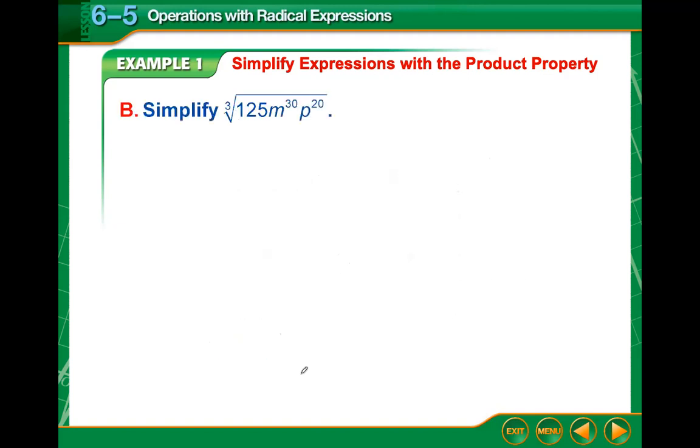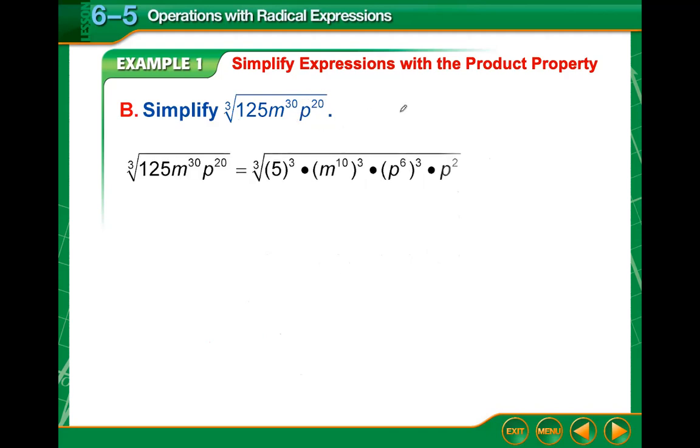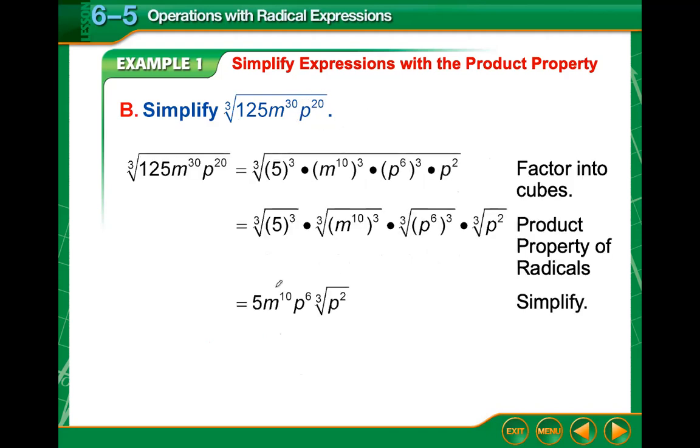We're going to take the cubic root of 125, m to the 30th, p to the 20th. And pretty much what I would always check is if these exponents are divisible by 3. If they're divisible by 3, I know I'm fine. The cubic root of 125 is 5. The cubic root of m to the 30th is m to the 10th, because 30 divided by 3 is 10.